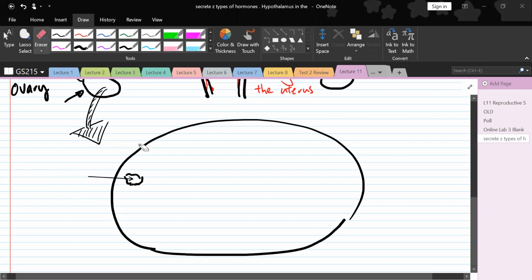So in the ovary, there will be these eggs, okay, that are suspended. So that's the follicle, we call it a follicle. Okay? And for simplicity's sake, we'll say this will mature into an egg.